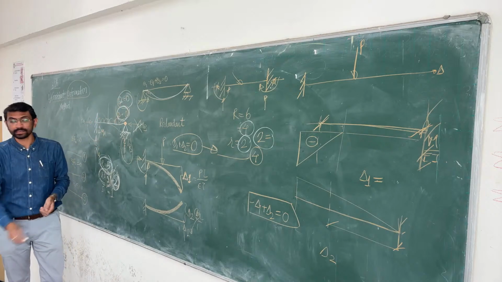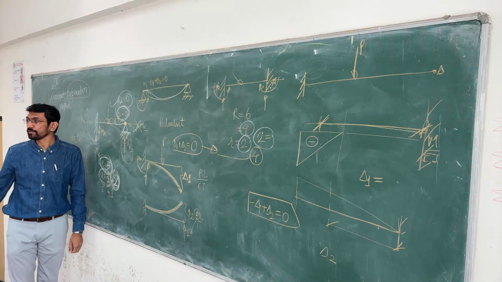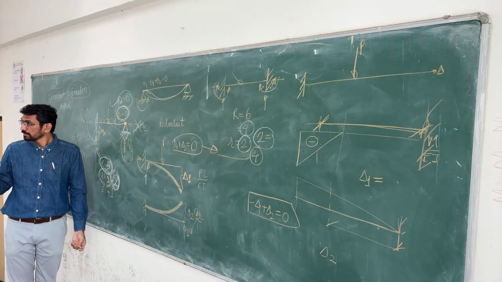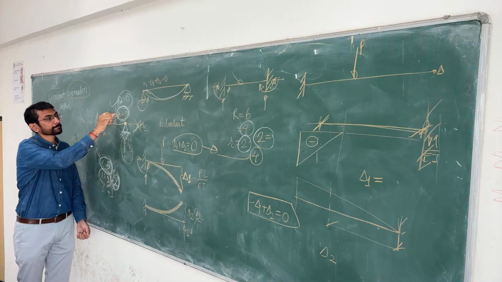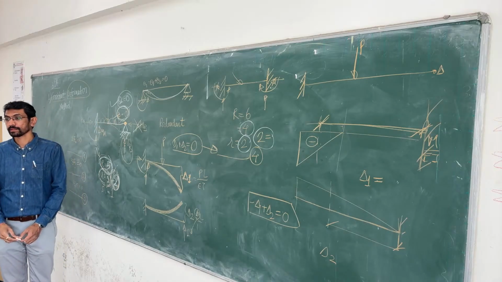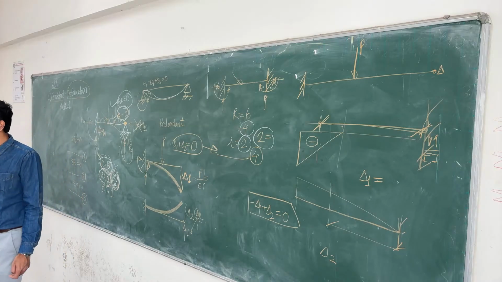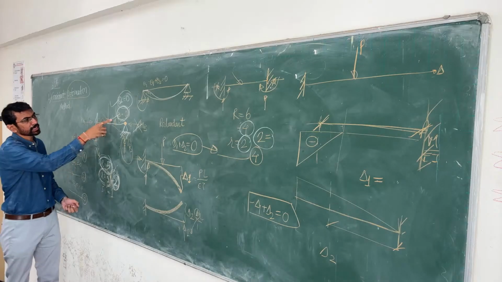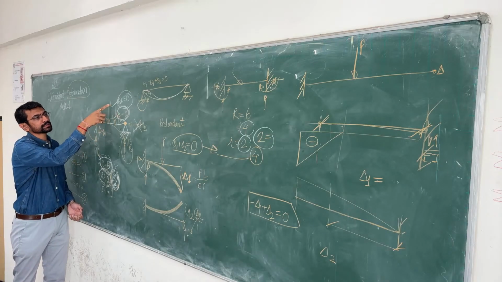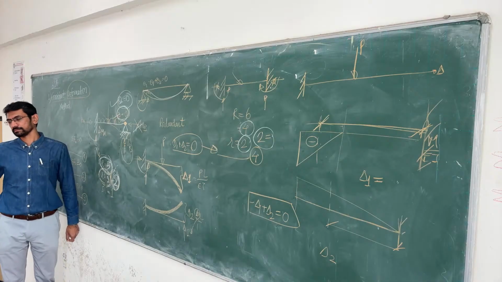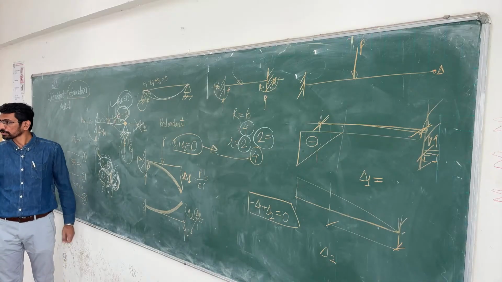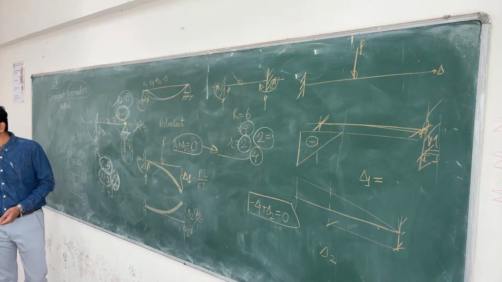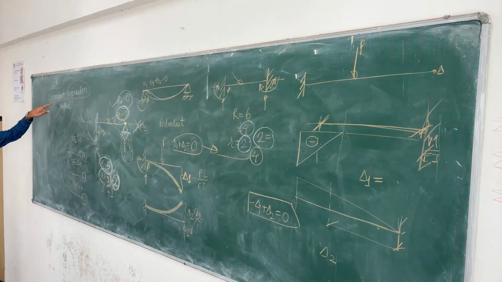If it is about moment, we have to deal with theta. If it is about force, we have to deal with delta. Okay? Why is force related to delta and moment related to theta? We are talking about deflections, right? That is the reason this method is called consistent deformation method, not consistent deflection method.